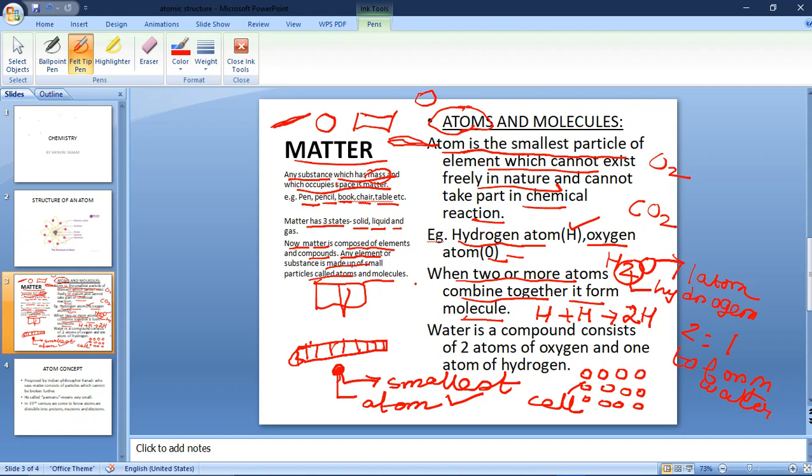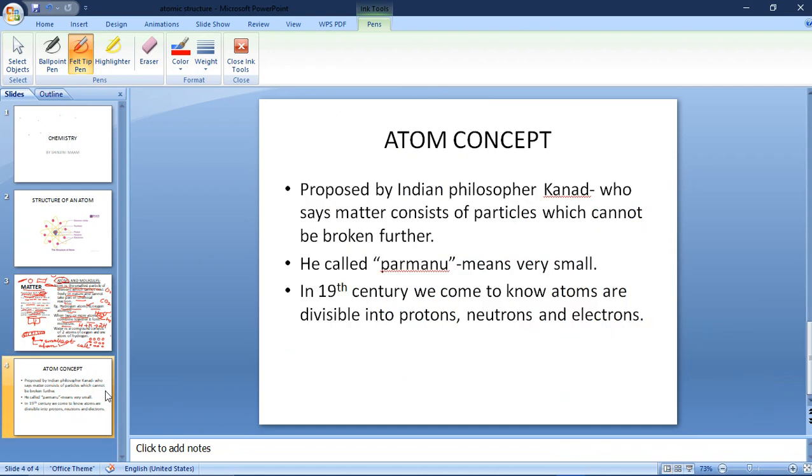So let's come to the atom concept. The concept of atom was proposed by the Indian philosopher Kanad, who said that matter consists of particles which cannot be broken further. That is atom. The name atom came from the word paramanu, which means very small.